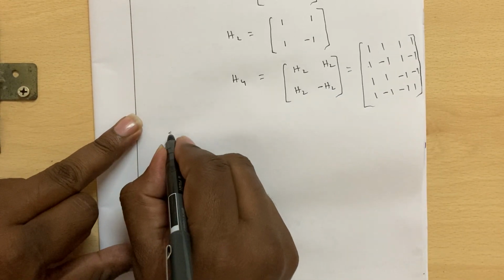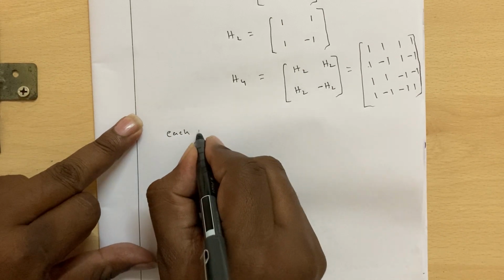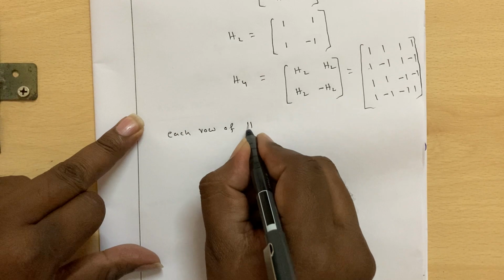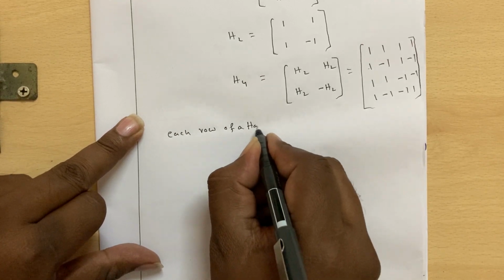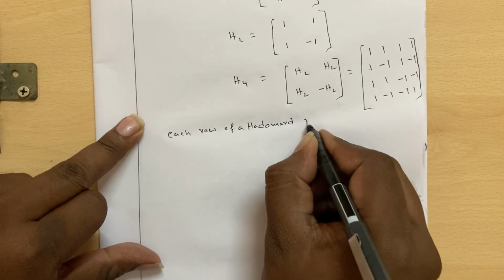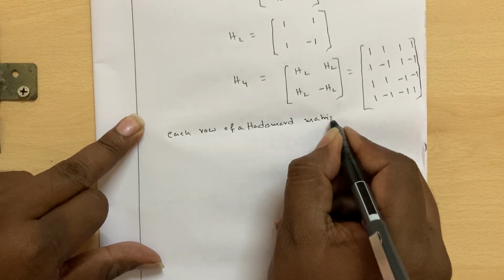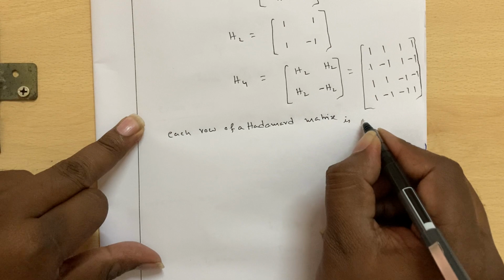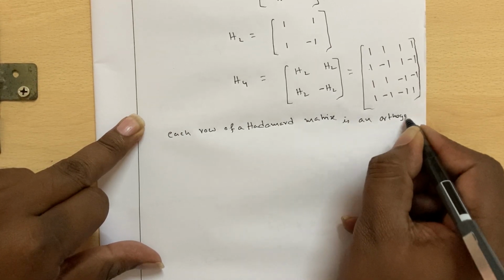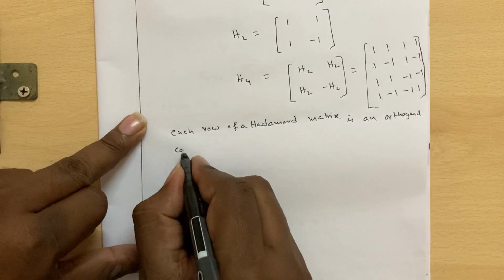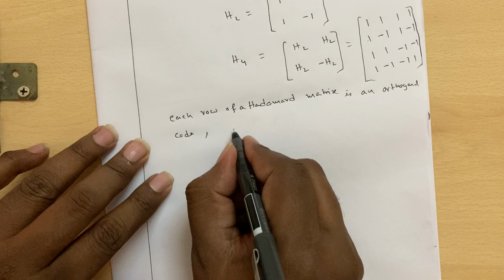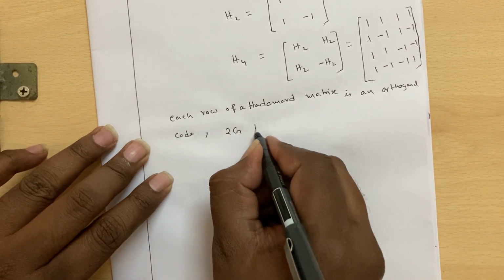So each row of a Walsh Hadamard matrix is an orthogonal code that can be used for CDMA purposes, which is actually used in the 2G standard IS 95.